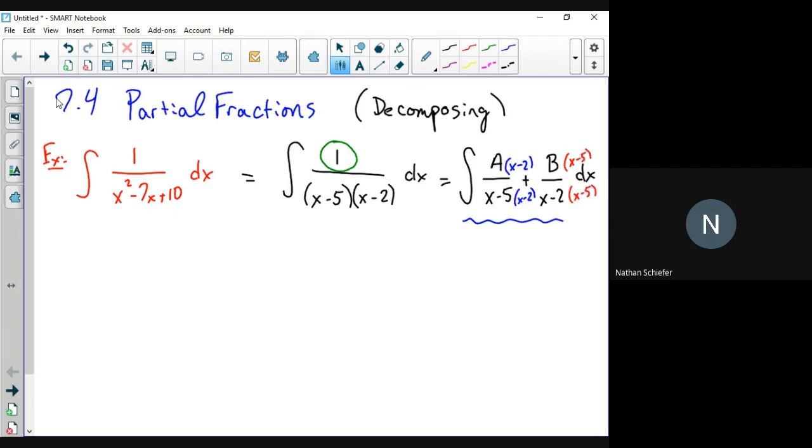And why can I do that? I can do that because what I wrote in blue is 1, and what I wrote in red is also 1. Multiplying by 1 does not change the meaning of anything.